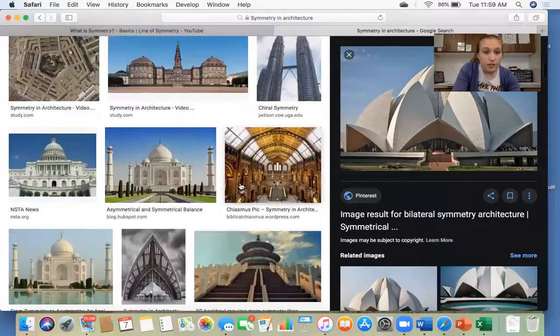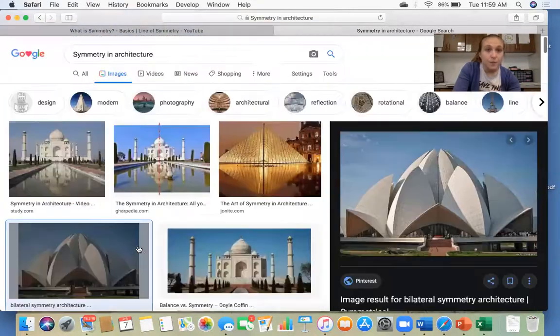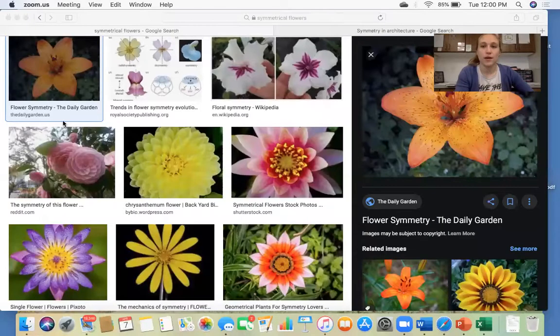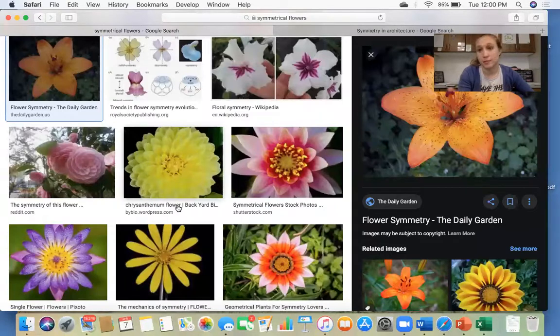I was going to try and find some other ones where you can see symmetry. I'm going to show you some flowers, just a second though. I have to find my... Okay, so here are some symmetry.